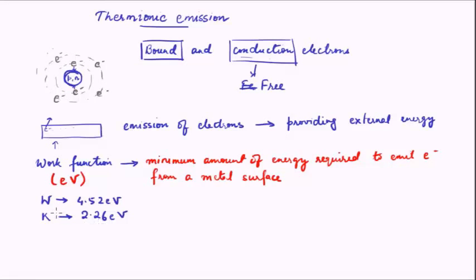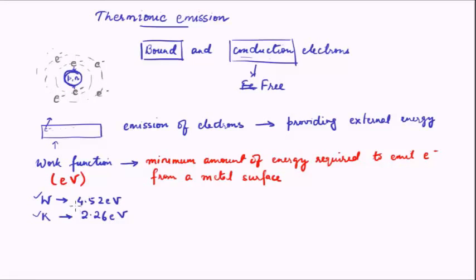You can find the standard values of work function for different metals or materials by doing a simple Google search. I'm not going into details about each individual element, but the take home point is that every element or material has a specific standard work function which is unique to itself.